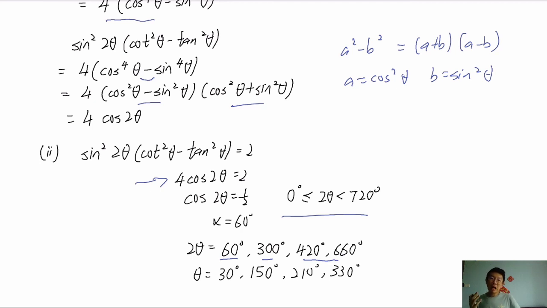We are not going to add 360 again because it would be out of the range already. So these 4 values are our answer. To find theta, we just divide all the values by 2. Then this would be the complete set of values for this equation. Alright, so that would be for part 2.